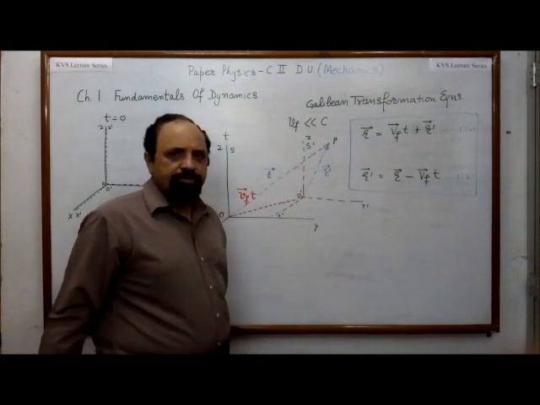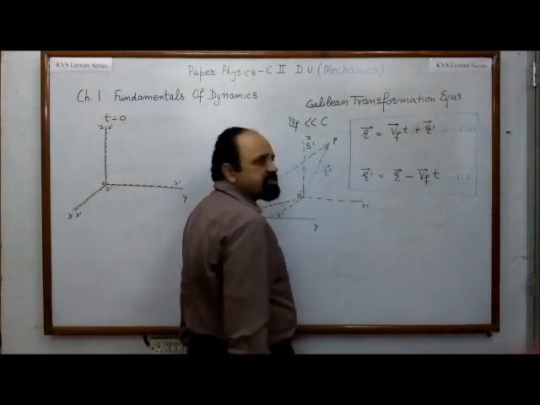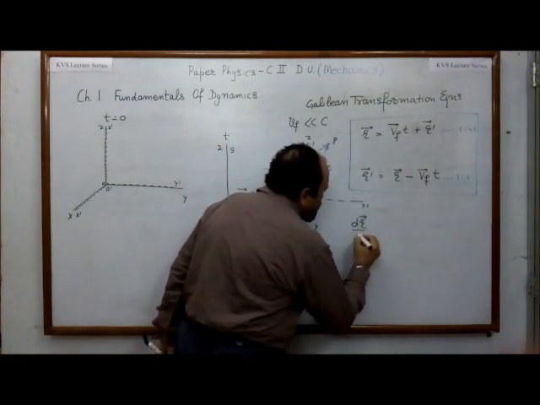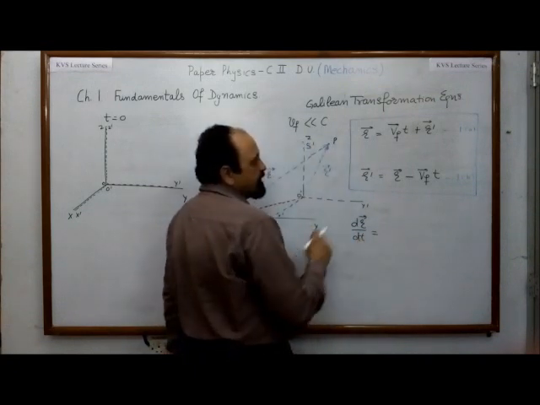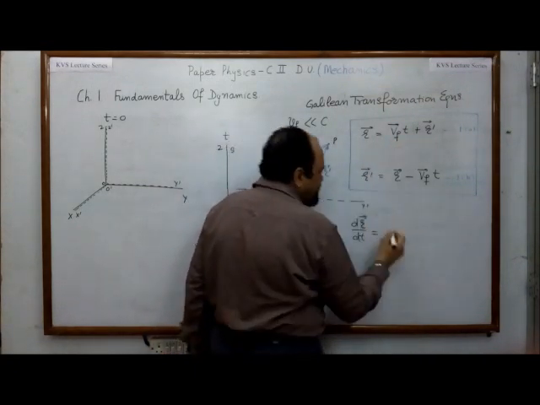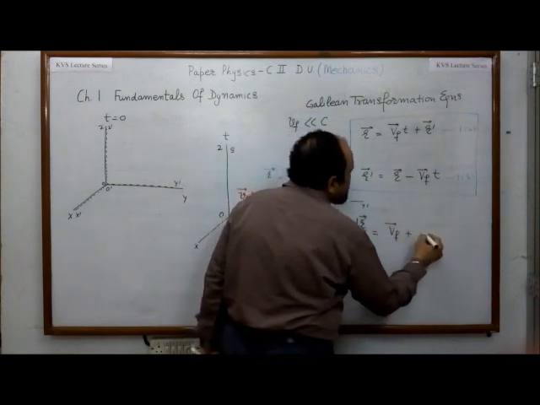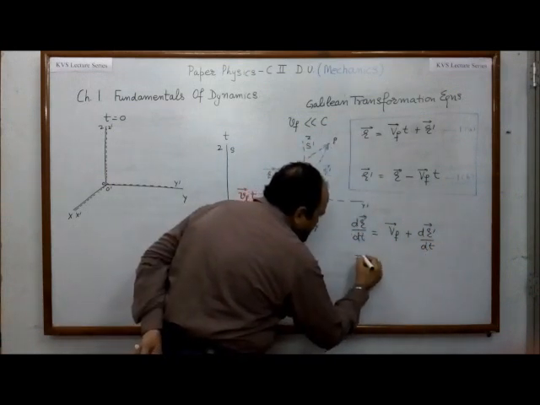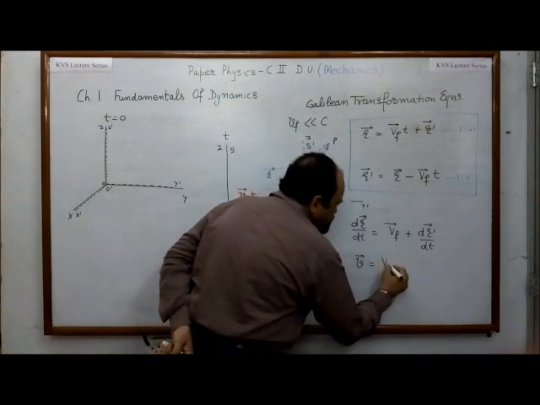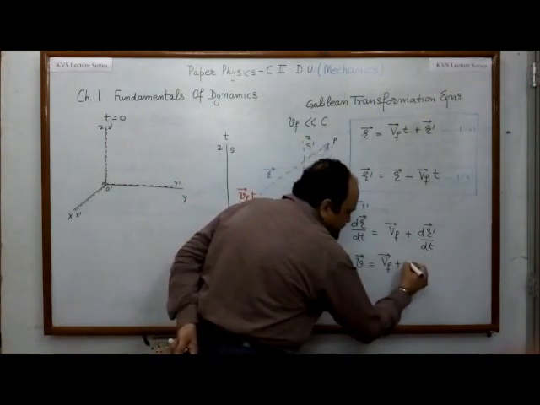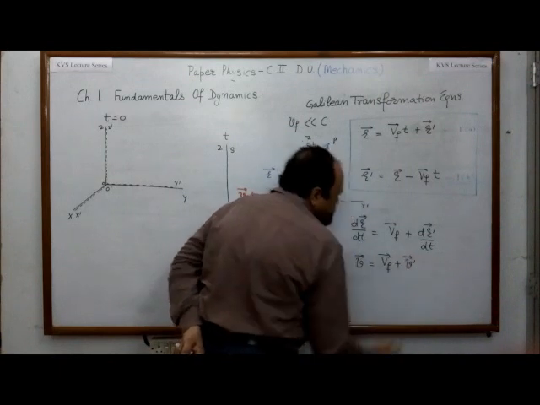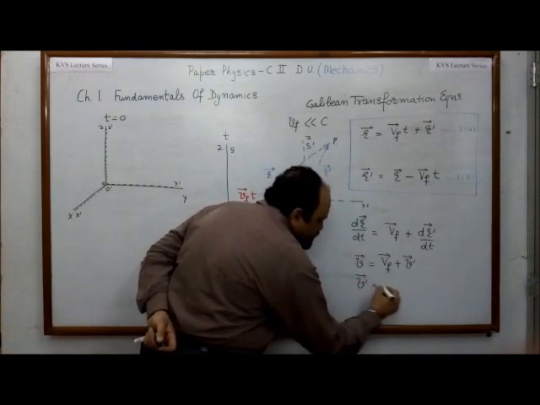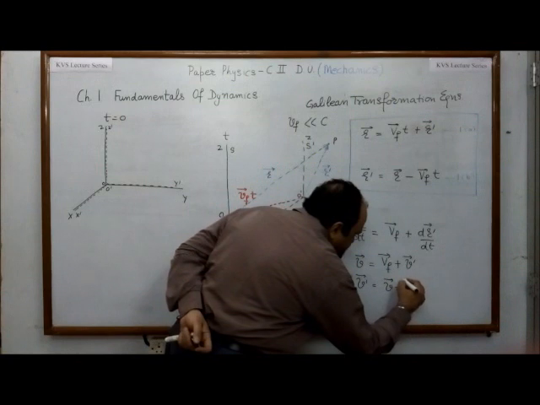And if I differentiate these equations with time, that means I do this, dr vector over dt, since Vf is constant, differentiating will yield only Vf plus dr' over dt, which means the velocity of the body in S frame is equal to the velocity of the frame itself plus the velocity of the particle as observed in the S' frame, or V' vector is equal to V vector minus Vf vector.